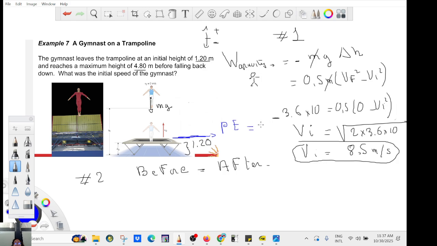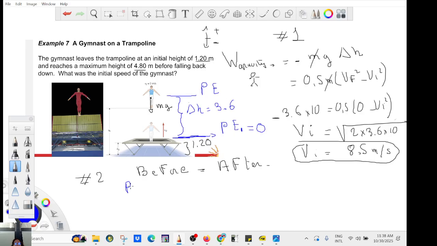I say, okay, this is my potential energy equals 0 here. And that will be the initial potential energy, and that will be the potential energy here, which is the final potential energy. And this height here, delta H, is still 3.6. So we're going to use conservation of energy.